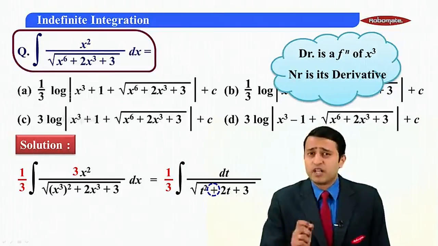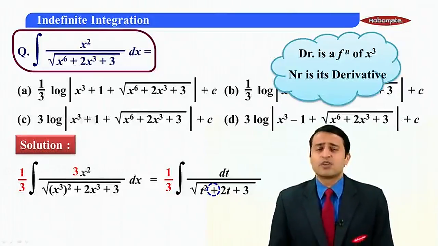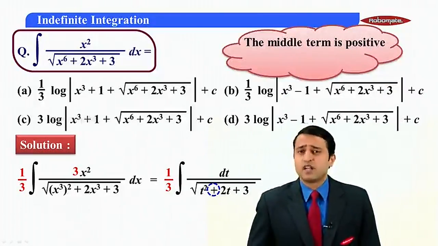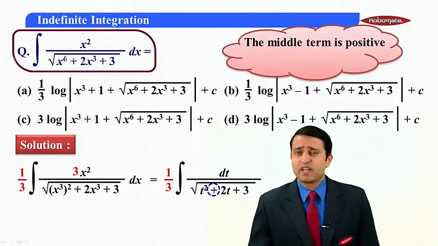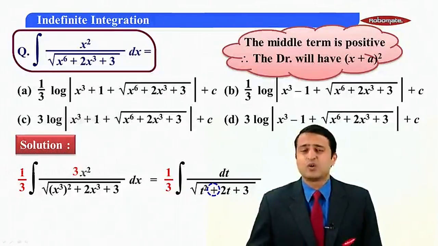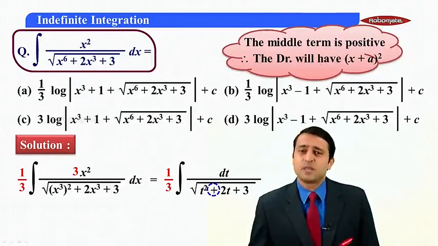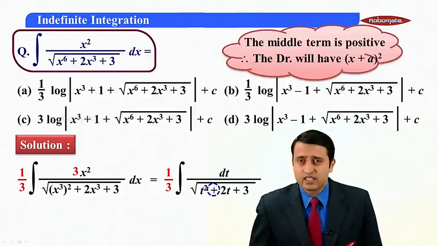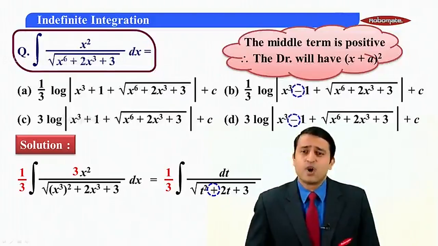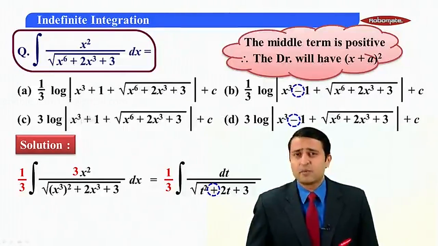Now the middle term here, t square plus 2t, that middle term is positive, can I say that? So if the middle term is positive, the quadratic in the denominator can be converted to a perfect square of the type t plus a the whole square. So if it has to be t plus a, my dear students, option B and D again cannot be the answer because they have minus in between.